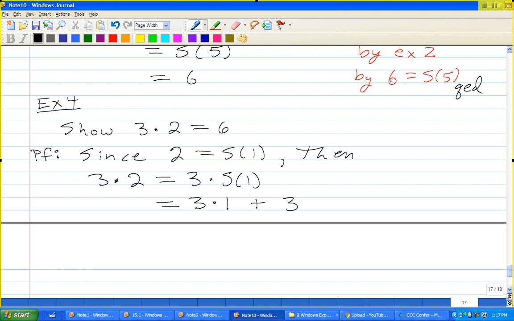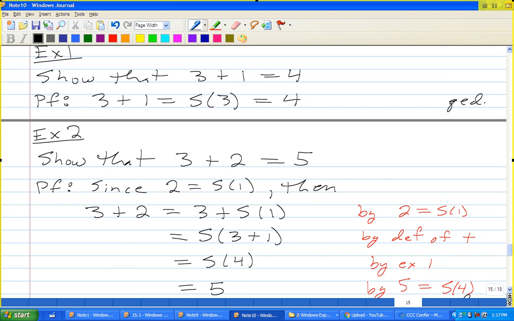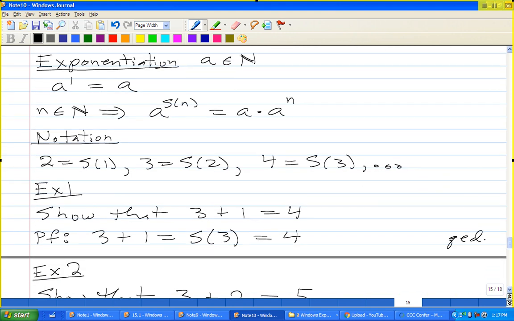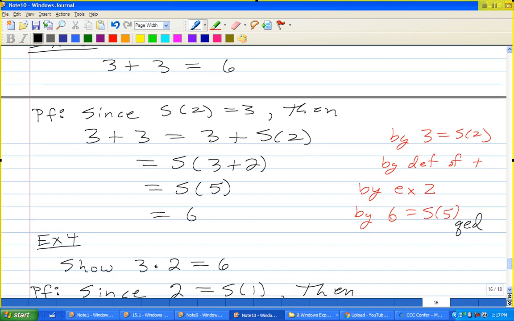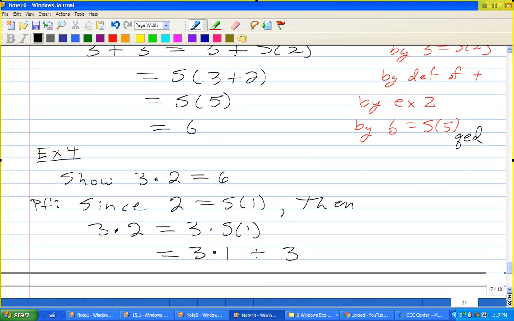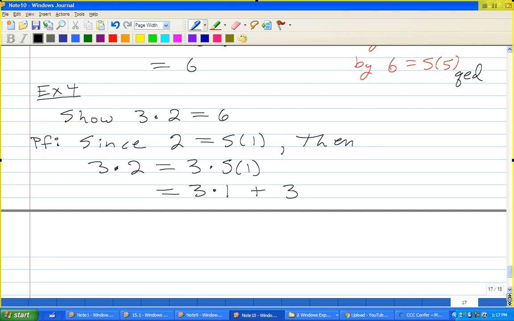Okay, and so, well, 3 times 1, hopefully I showed that back. Oh, I showed 3 times 2 is 6. Oh, successor of 1, yeah.